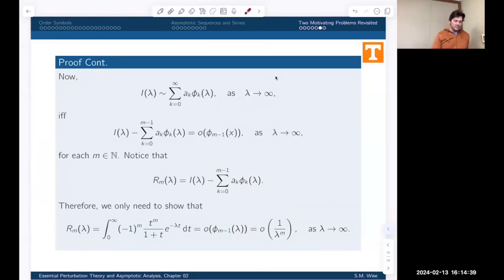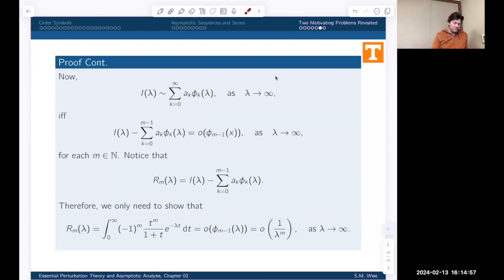Now, here's what we want to prove, right? But now let's figure out in pieces what this actually means. If we want to prove that this is true, going all the way up to infinity, let's look at how this is defined.